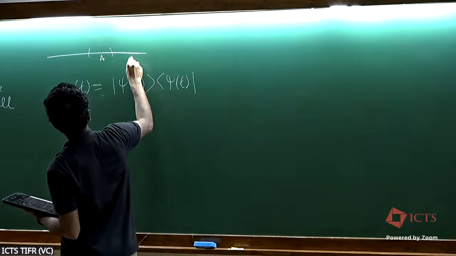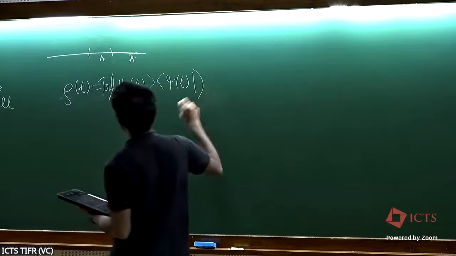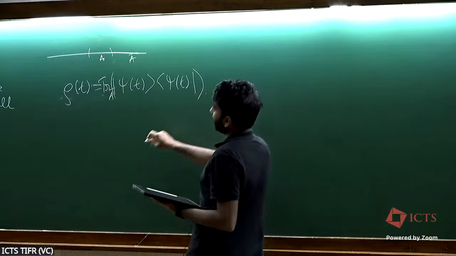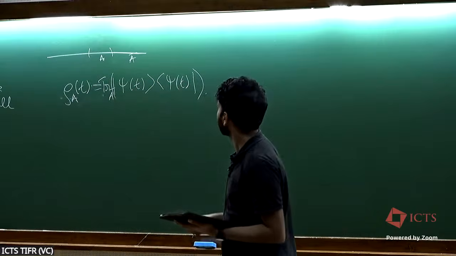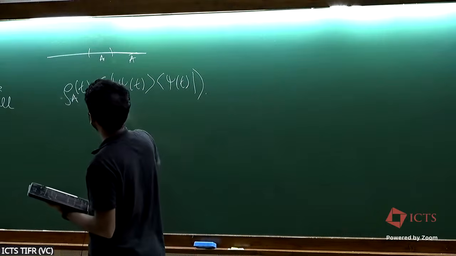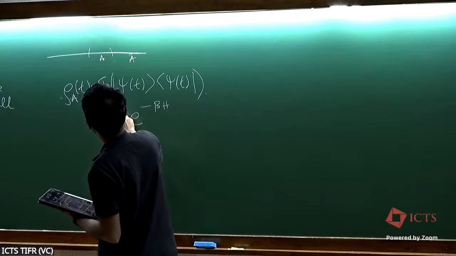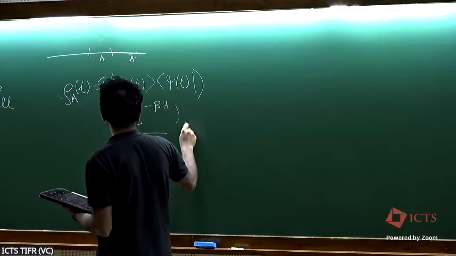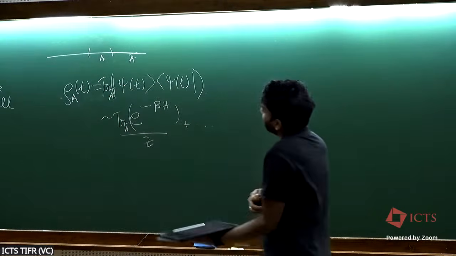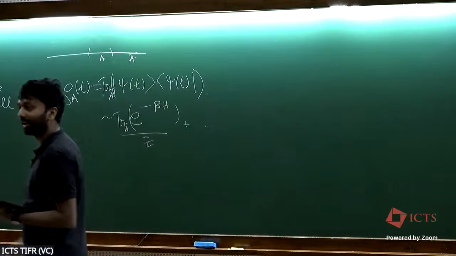So there is some A and A complement, so I trace over A complement. So this is a reduced density matrix on the subsystem A. And the idea is that this reduced density matrix should again look like e to the minus beta H traced over A bar over Z. I mean, this is not very precise, it's very hard to make these statements precise, but this is the idea. Okay?